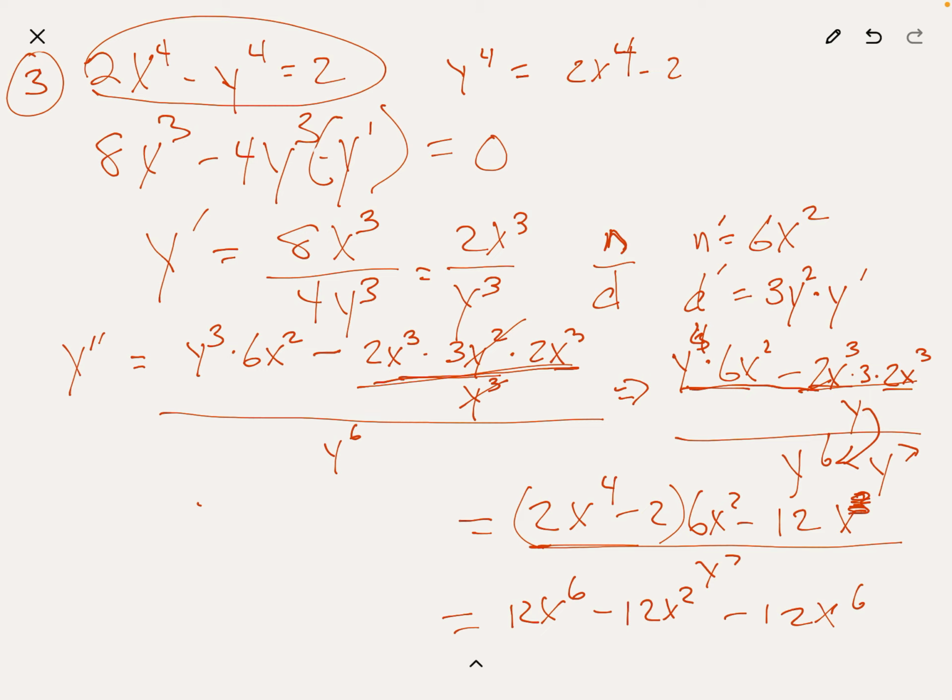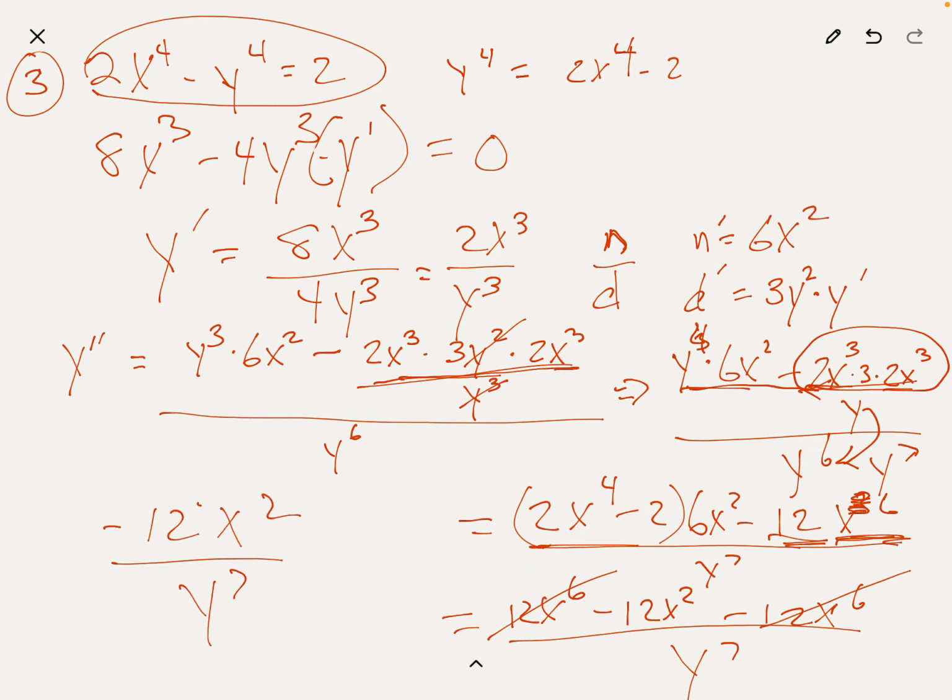This is 12x to the 6th because we got an x cubed times an x cubed, so we get x to the 6th and then 12. So you can see what happens. This term and this term subtract out, and so we're left with negative 12x squared over y to the 7th.